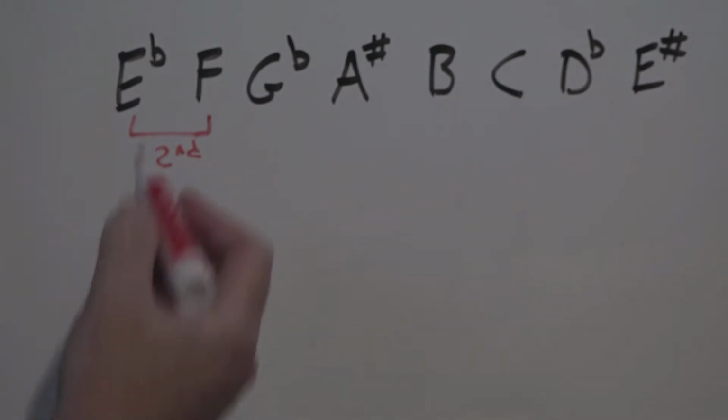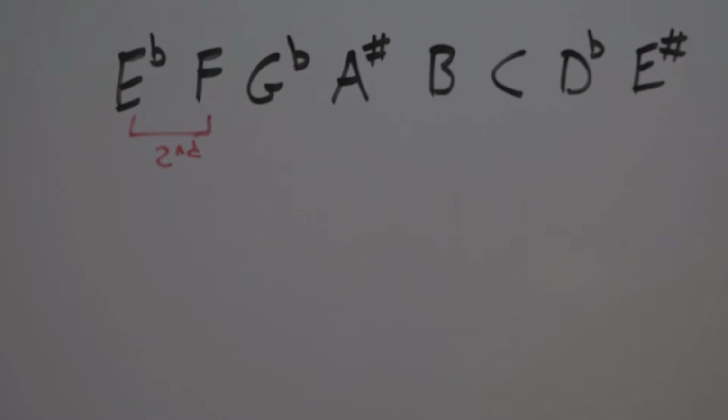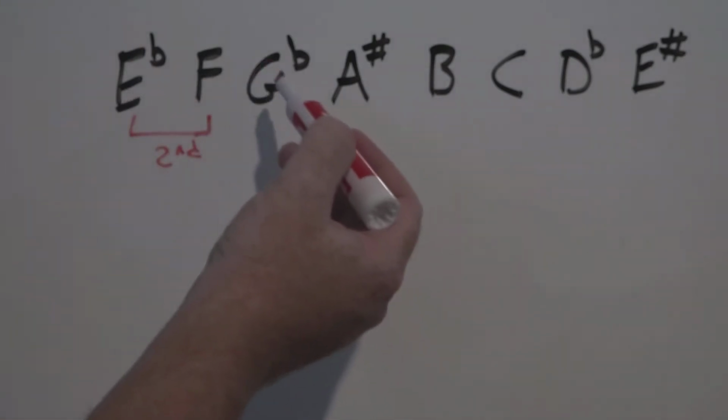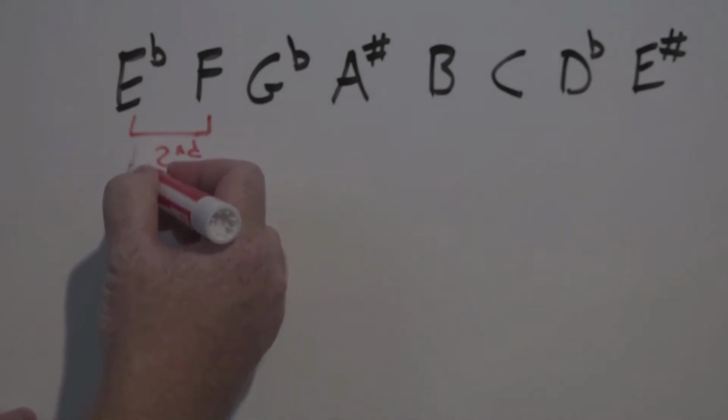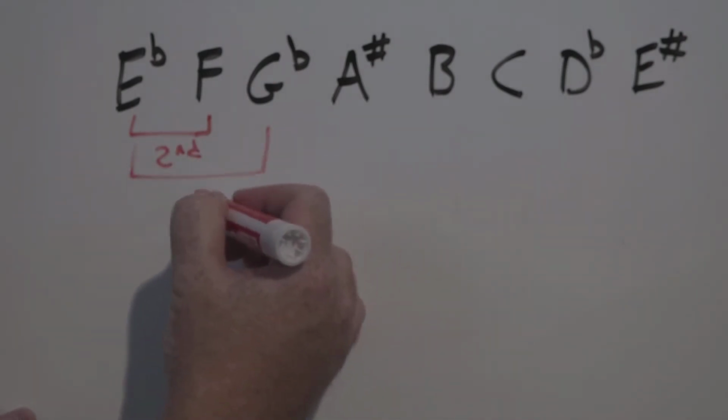E flat to G flat. We might know that from our minor scale. But still, and it doesn't matter for right now, some kind of E to some kind of G, that will always be a third.